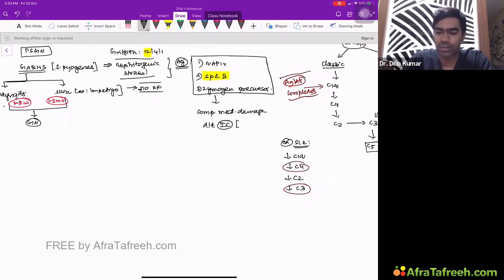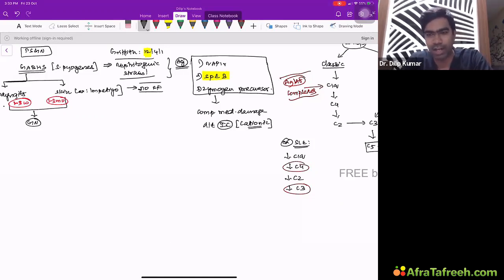And these immune complexes in PSGN are mostly cationic in nature. That is why they typically get deposited in the subepithelial regions. It's not that they will have only cationic complex; they can have anionic complex as well, but it's mostly cationic complex. That's why they tend to get deposited in the subepithelial regions predominantly. And it's predominantly a complement damage due to development of immune complexes.